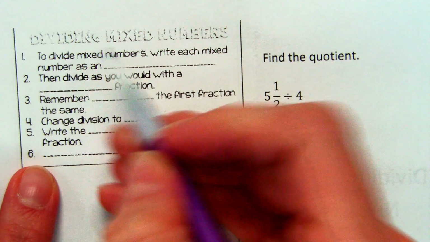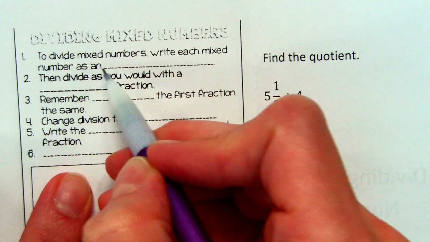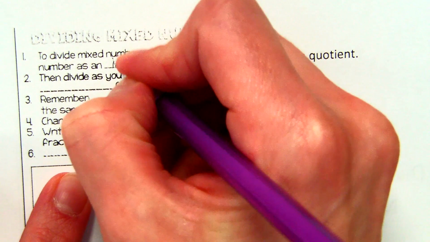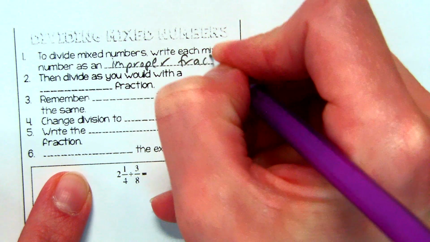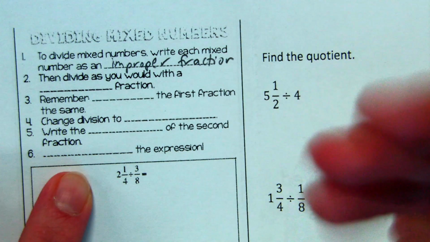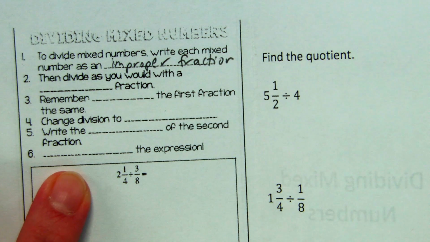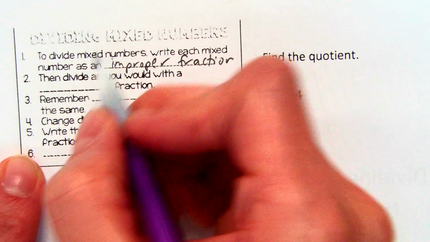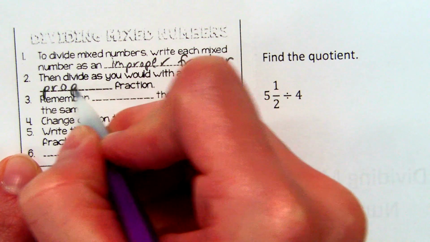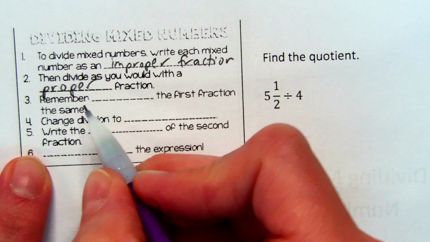So to divide mixed numbers, write each mixed number as an improper fraction, just like we did with multiplying. You've got to make it just a numerator and denominator before you can do anything else. Then divide as you would with a proper fraction. So after that, everything's the same.